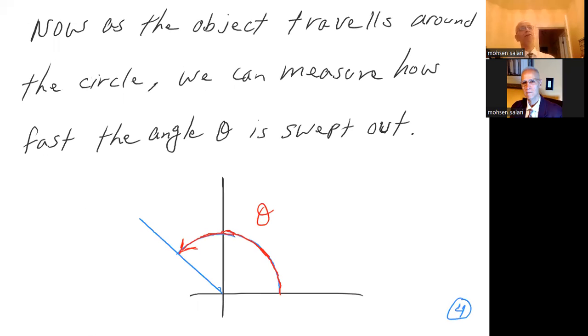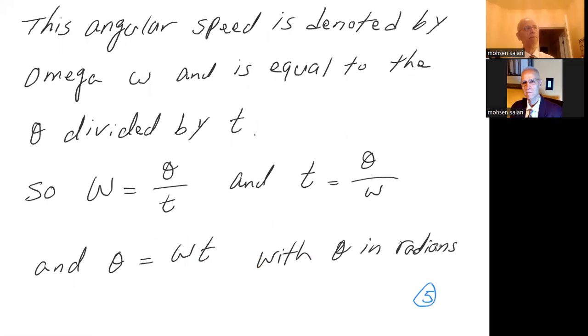Now, as the object travels around the circle, we can measure how fast the angle theta is swept out. How fast is that theta growing? Let me go to the next page, page 5. I hope you can read my handwriting. This angular speed is denoted by omega, which is kind of curvy.